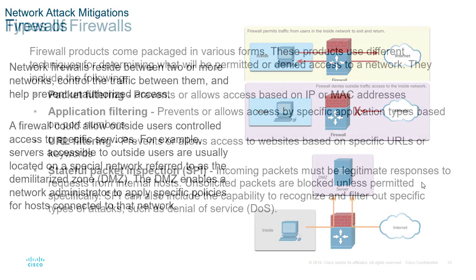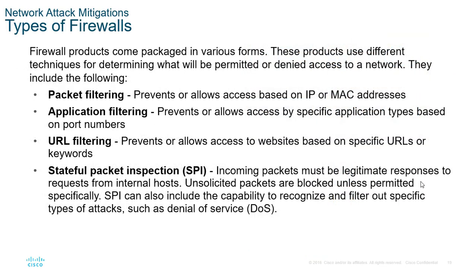There are different types of firewalls, and these firewall products come packaged in various forms. These products use different techniques for determining what will be permitted or denied access to a network.